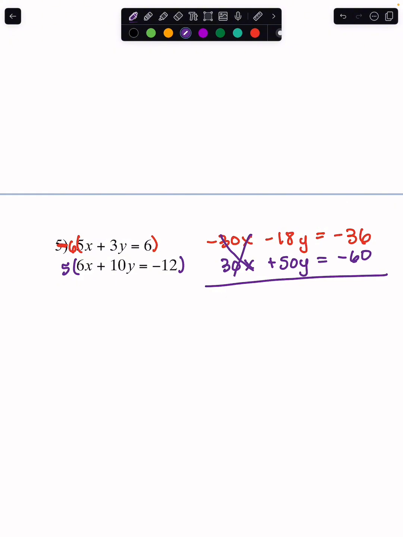Hold on, my brain is hurting. All right, so -18 plus 50 is 32. And then -36 plus 60 is 96. Equals -96, of course. And then I'm going to divide both sides by 32. And you get that your y is equal to -3.